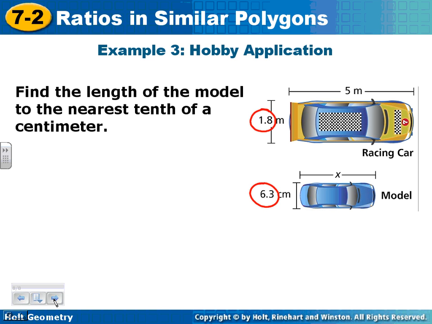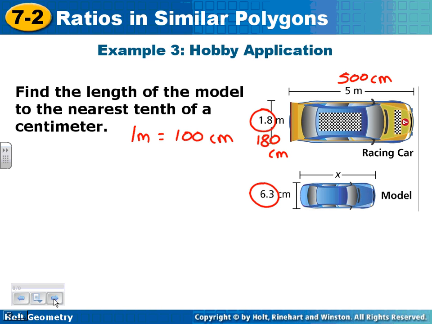Well, remember that 1 meter is 100 centimeters. So 1.8 would really be 180 centimeters. 5 meters would be 500 centimeters. So I have to convert them all to centimeters. That way it's going to work out correctly.